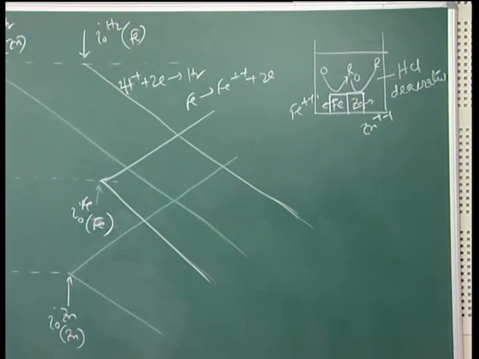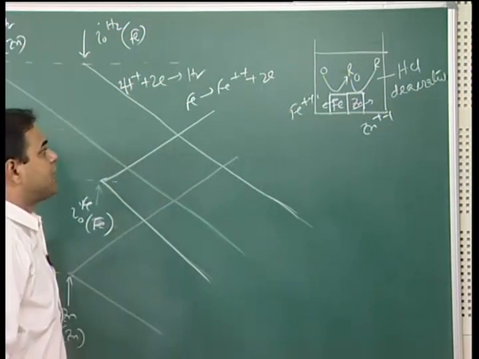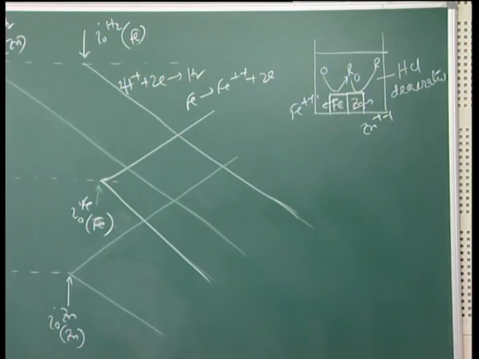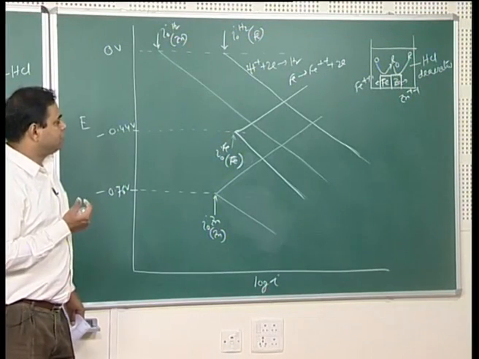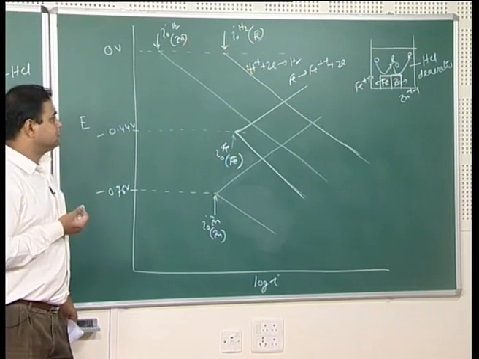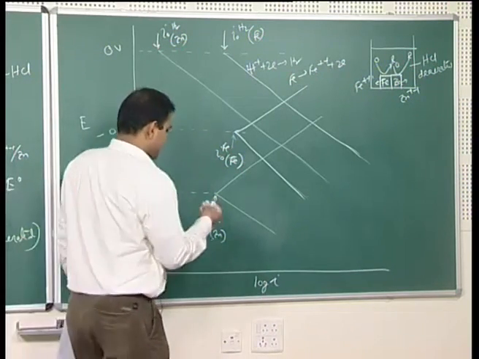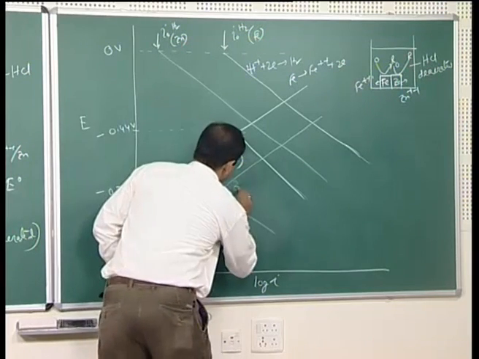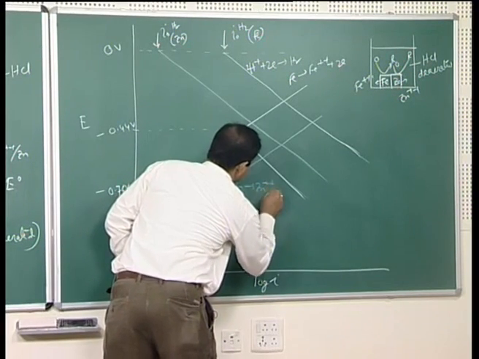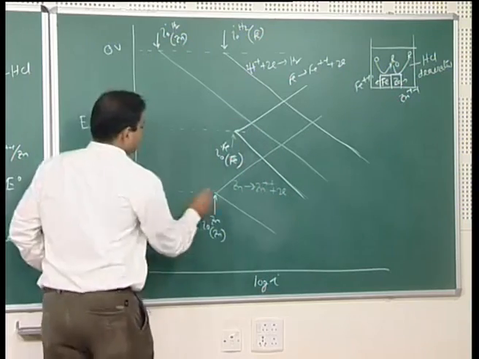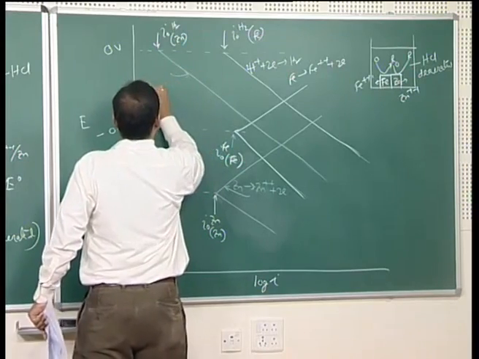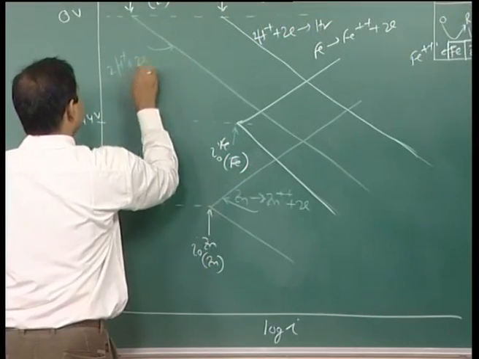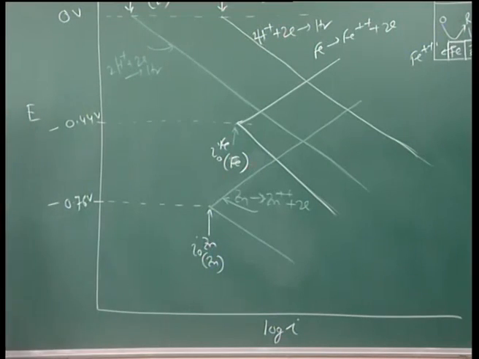Now, the point is we have to see, this is a mixed electrode, in total; I have to see at what point the rate of electron generation and the rate of electron consumption, these two rates are same. And this is zinc going to zinc plus 2e, and this is basically H plus 2e to H2. So, this is for hydrogen.